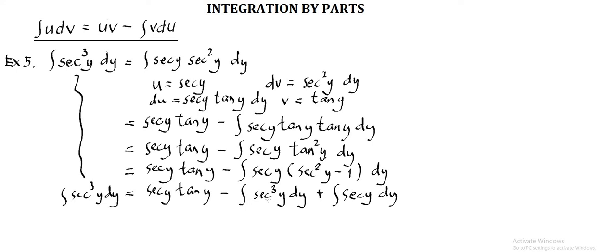Negative integral of secant cubed of y dy. So, para matapos yung ating problem, ang gagawin natin, i-eliminate natin itong negative secant cubed of y dy by adding positive integral of secant cubed of y dy both sides.